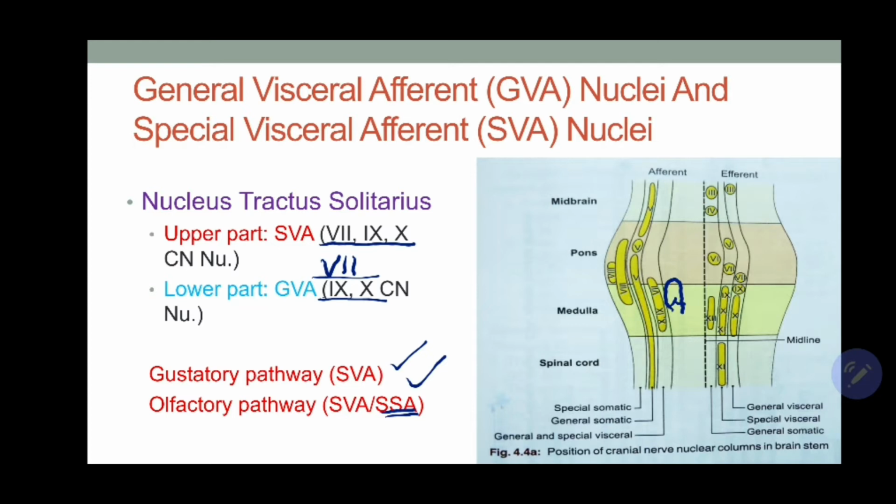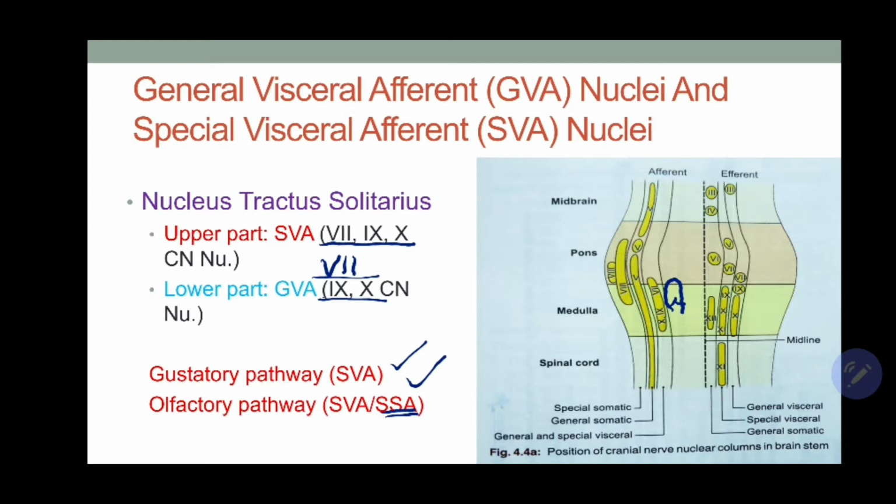So it's said that the olfactory pathway should be considered as special somatic afferent, and the reason they give is that the olfactory mucosa, that is in the roof of the nasal cavity, is ectodermal in origin. So just like the 8th nerve and the optic nerve, which are considered as special somatic afferent.